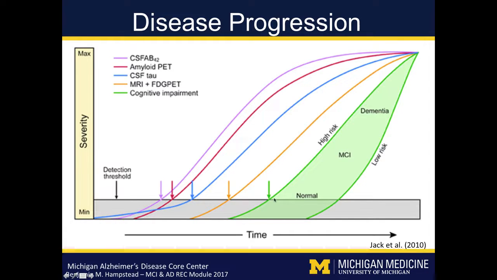And finally, those are followed by cognitive impairment. We know that cognitive impairment is more tightly bound to tau deposition and tau severity than it is to amyloid. As those progress and their levels increase, we start to convert over to mild cognitive impairment or eventually to dementia.